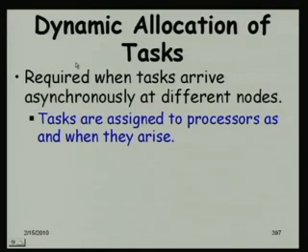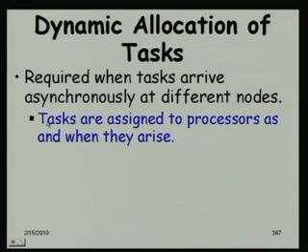Now, let us see how dynamic allocation of algorithms can be done. We will look at two algorithms actually. These will be required when tasks arrive asynchronously, where new tasks get created, aperiodic tasks, sporadic tasks and so on.